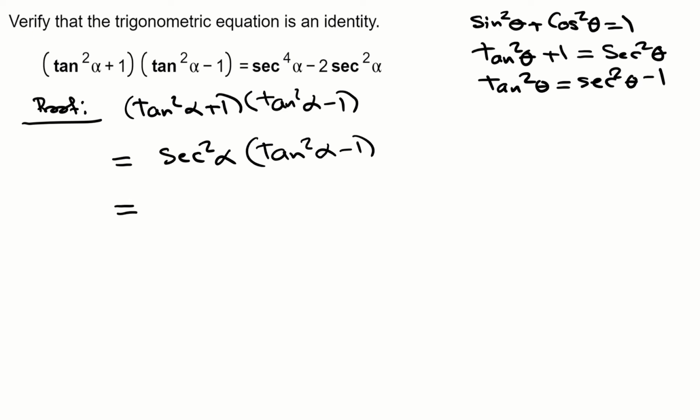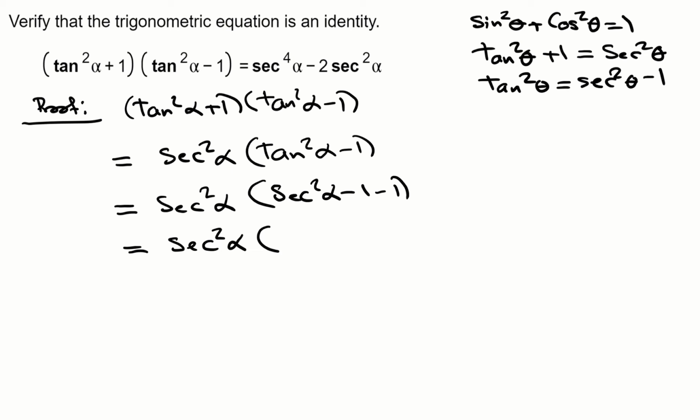So if we go ahead and write this as secant squared alpha times secant squared alpha minus 1, then we also have this minus 1 that was already there, so we get another minus 1. So we end up with secant squared alpha times secant squared alpha minus 2.